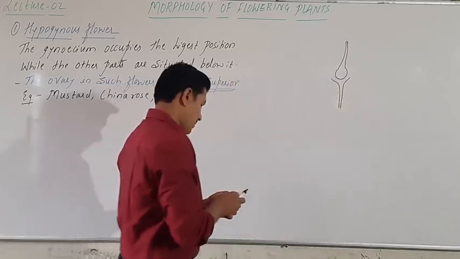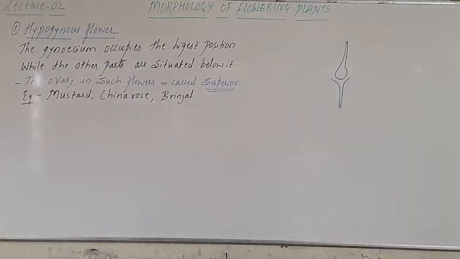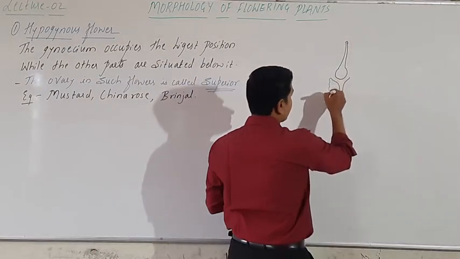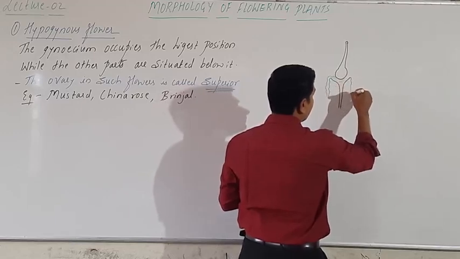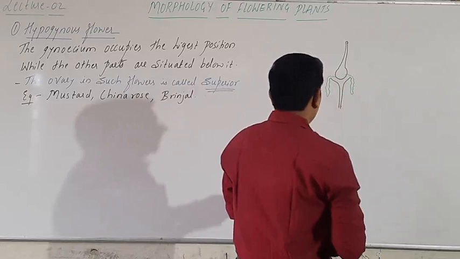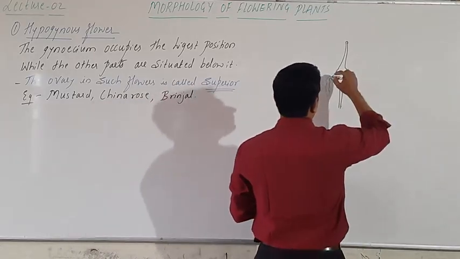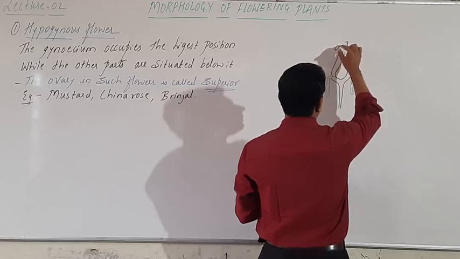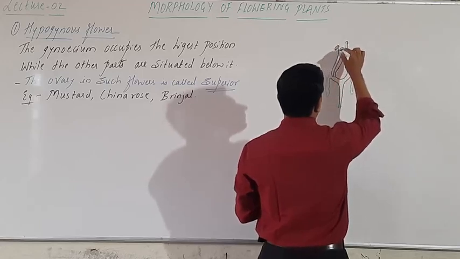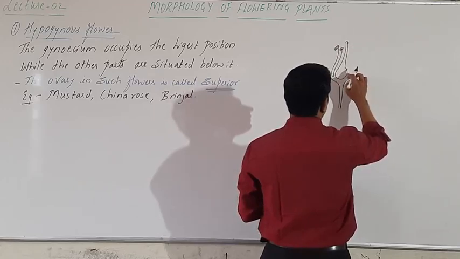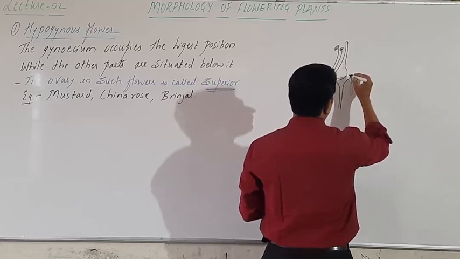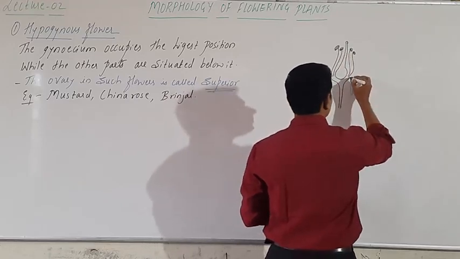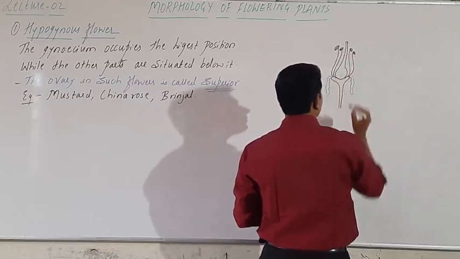This is a flower. Now for this flower what we have is sepals, here we have green color sepals, then we have petals also, these are the stamens, okay.